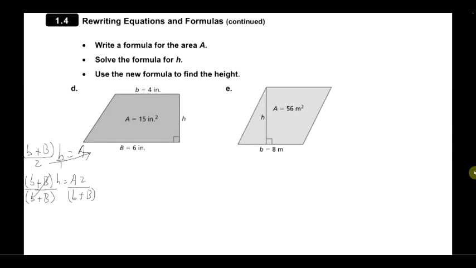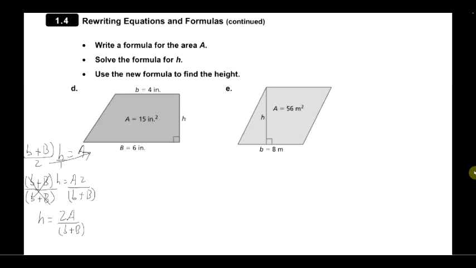That means it can cancel out. Anything divided by anything that's exactly the same as it is just 1. So we're left with h equals 2 times the area over parentheses little b plus big B.